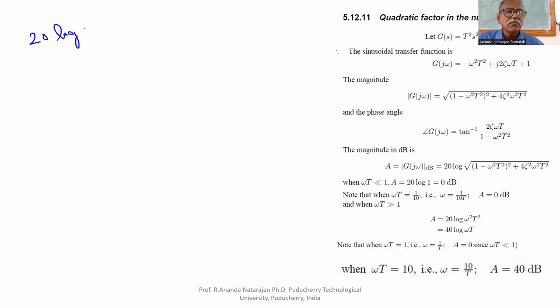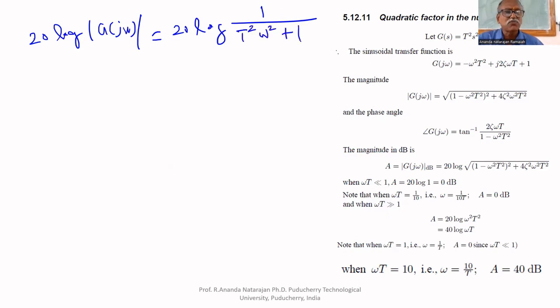20 log modulus of G of j omega equal to 20 log 1 by tau square omega square plus 1, using tau instead of 0.2 for the generalized case, because G of s equal to 1 by tau s plus 1 whole square.